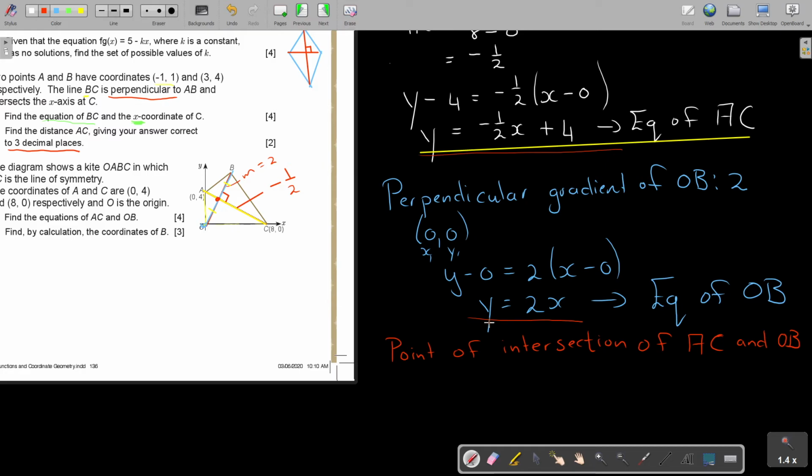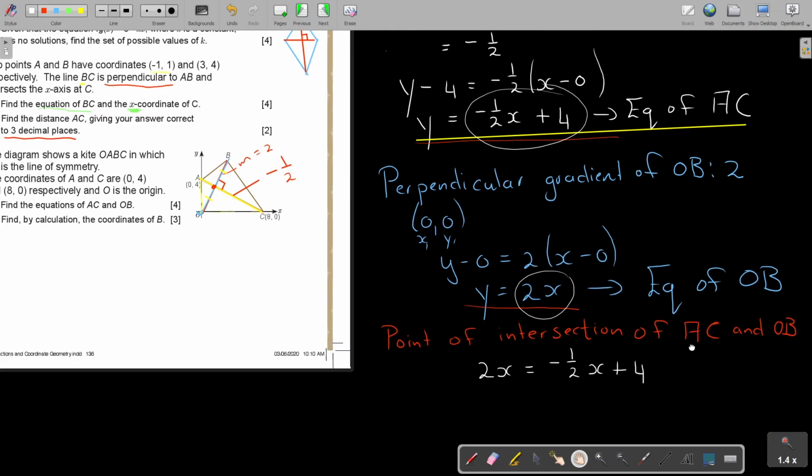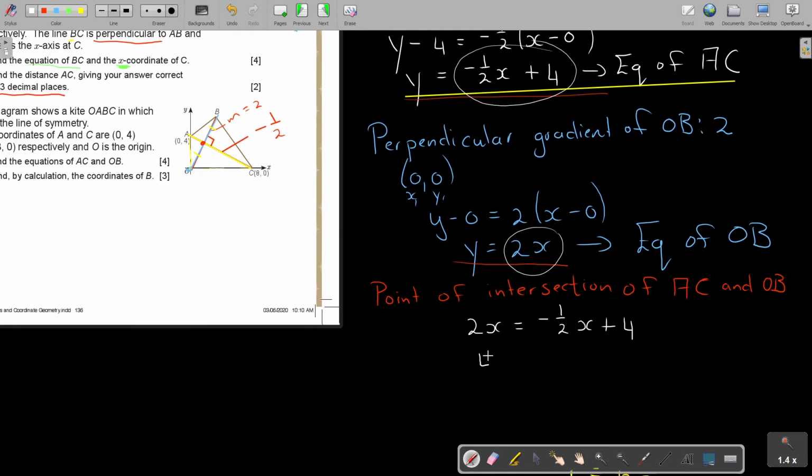And let's put this one equal to this one. So I have 2x equals negative half x plus 4. Then I multiply by 2, so this is 4x equals negative x plus 8. Okay, so if I take this one over, 4x plus x, that's 5x equals 8.